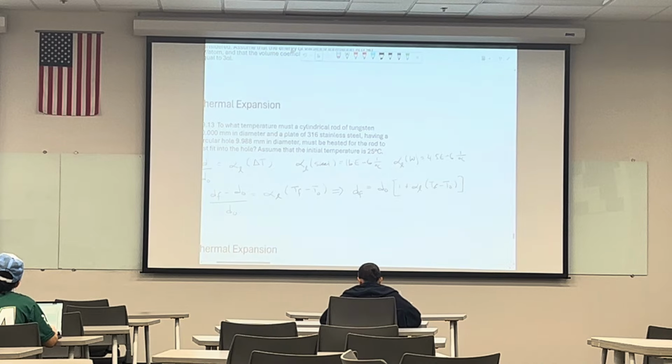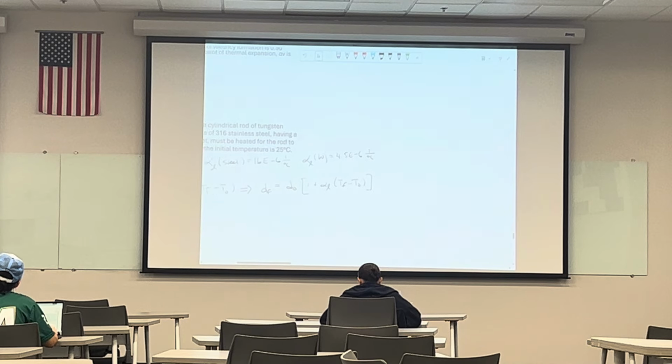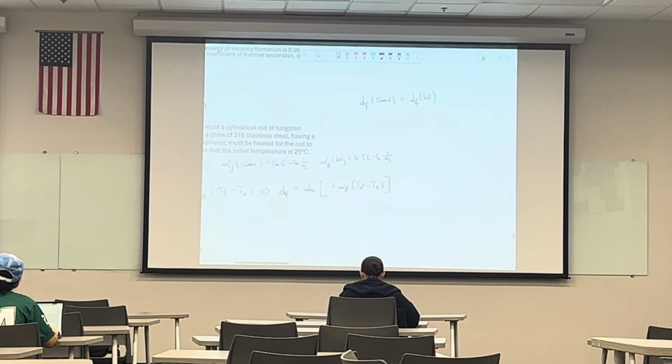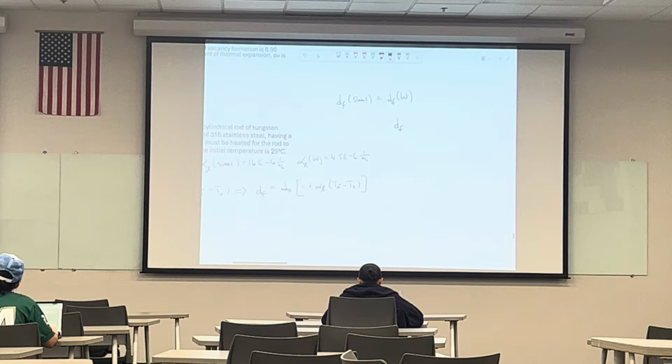The final diameter of the steel is going to be the same as the tungsten because we want them to fit into each other. From there, you just plug in the values and solve for T final.